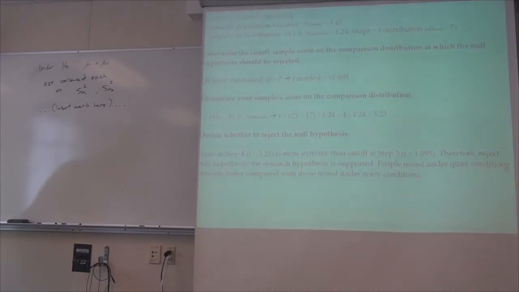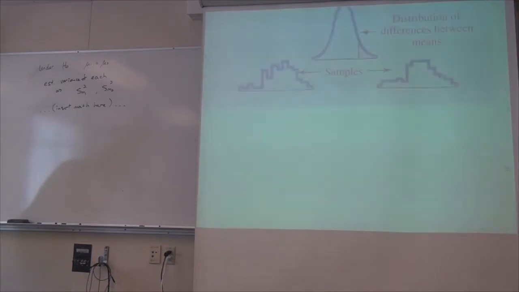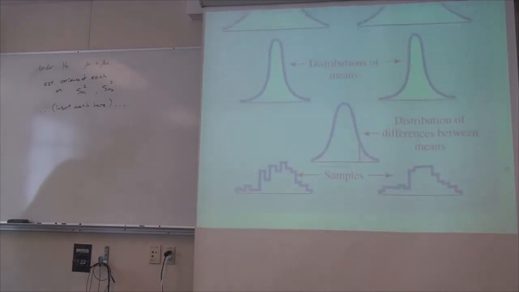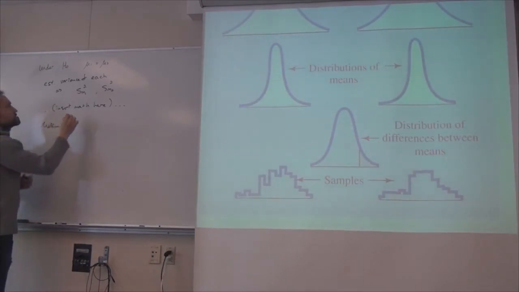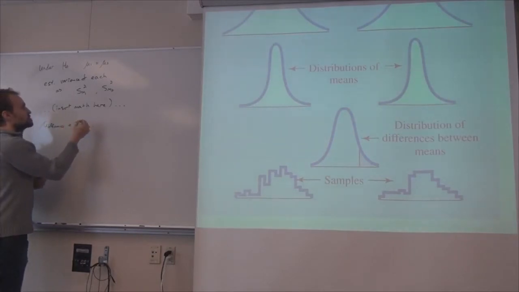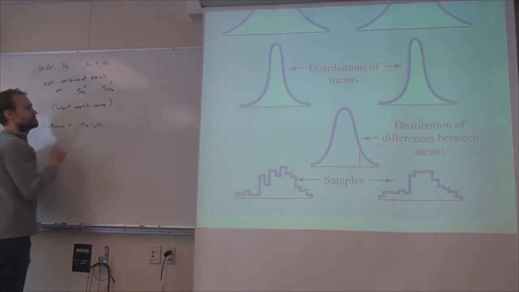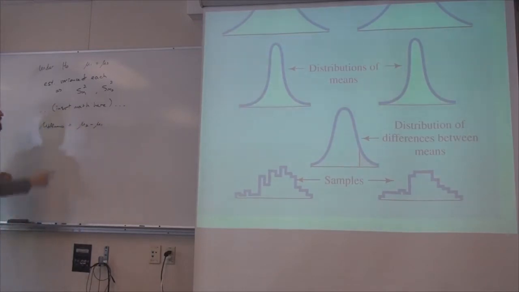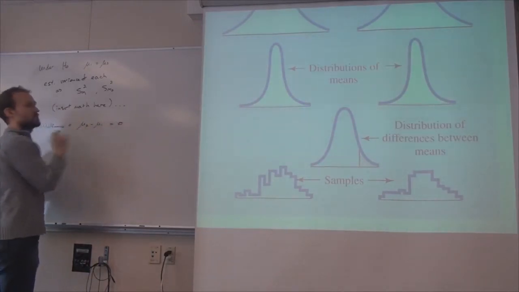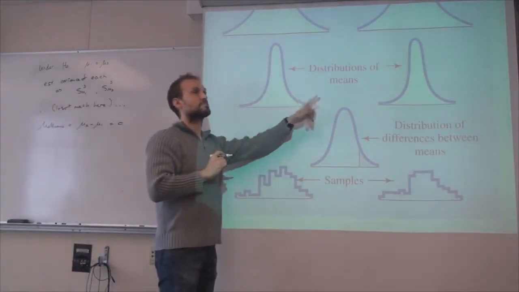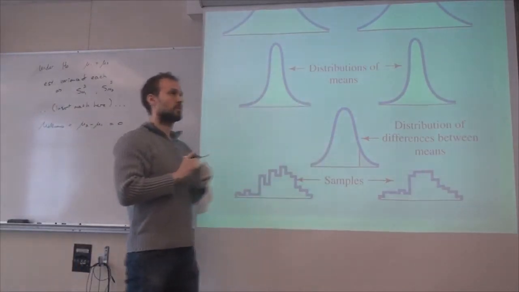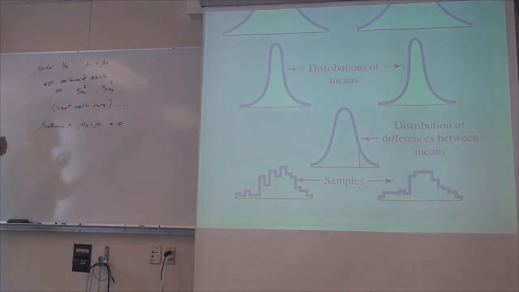The difference. Let's call it mu difference, is mu 2 minus mu 1, or mu 1 minus mu 2, it doesn't matter. Because they're the same, it's going to be 0. So the distribution of the differences between the means is 0, because they're assumed to be the same under the null hypothesis.